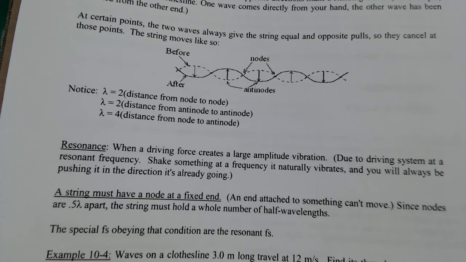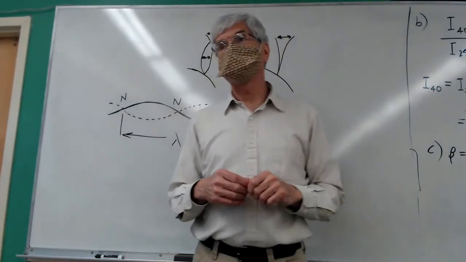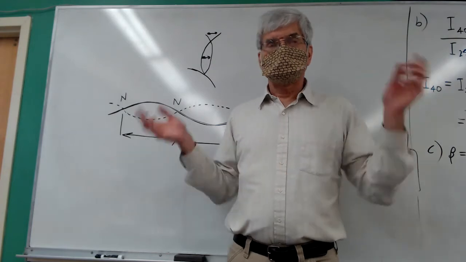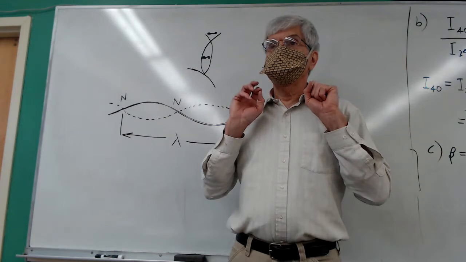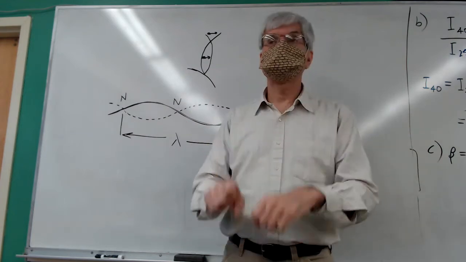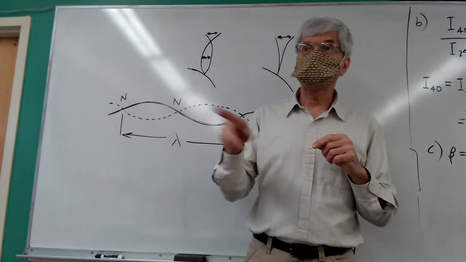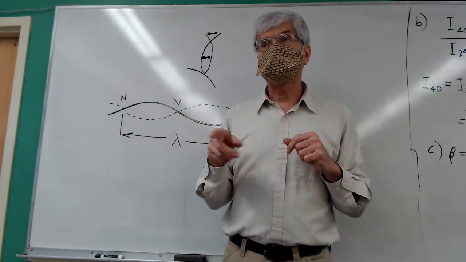If you're pushing every so often on the swing, that's a driven oscillation. You are providing a periodic driving force. So just instinctively, because doing it any other way would be kind of stupid, you make the frequency of your driving force equal to the natural frequency that the swing freely vibrates with.